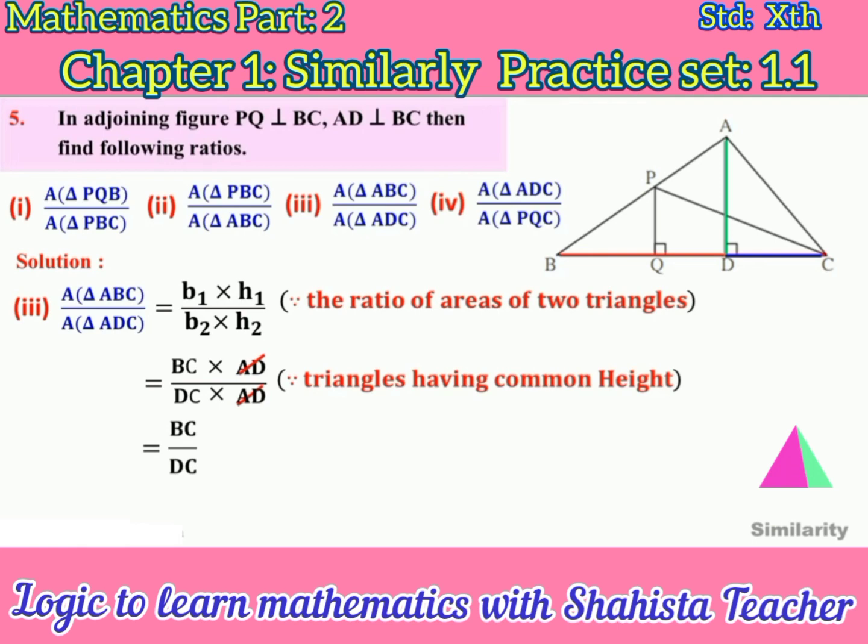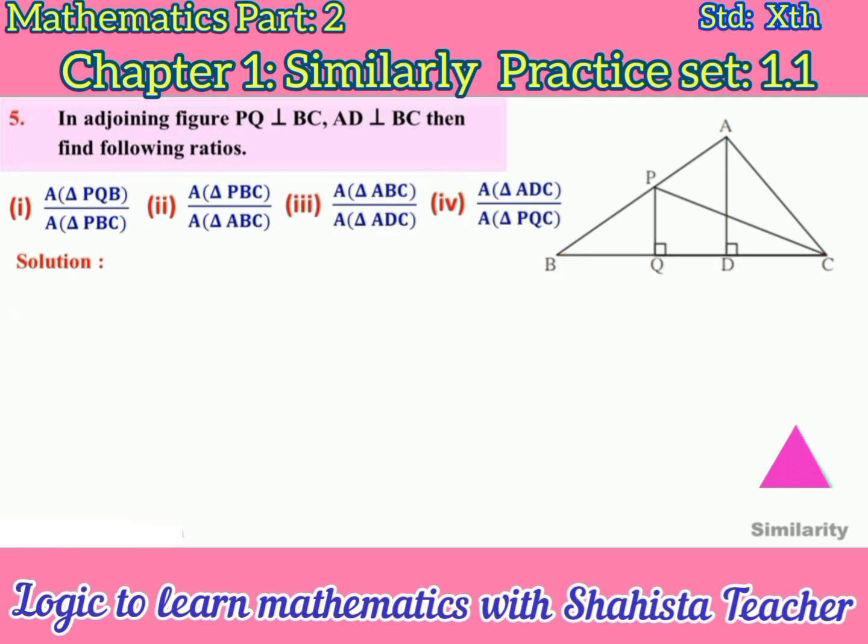Now let's solve sub question 4: area of triangle ADC upon area of triangle PQC, the last one. Area of triangle ADC in the numerator upon area of triangle PQC in the denominator is equal to base 1 multiplied by height 1 upon base 2 multiplied by height 2.